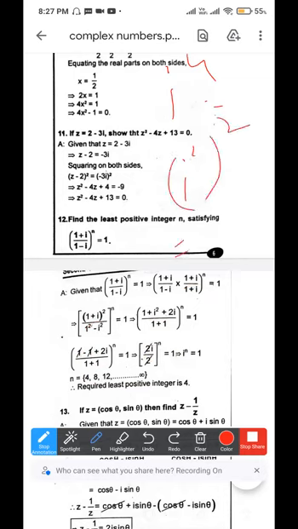And what is i square? i square is minus 1, whole square. Minus 1 whole square is 1. So what is the value of n? The value of n is 4, 8, 12 and so on. This is the pattern going on.